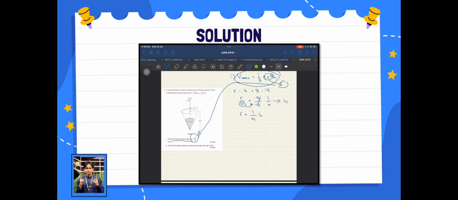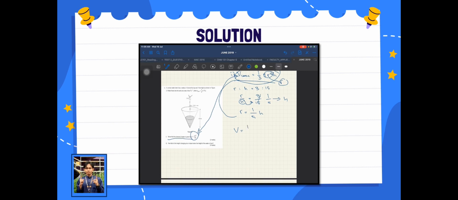So we have found our r here. We can substitute it into this equation, so we find V is 1/3 π (1/5 h)² h.